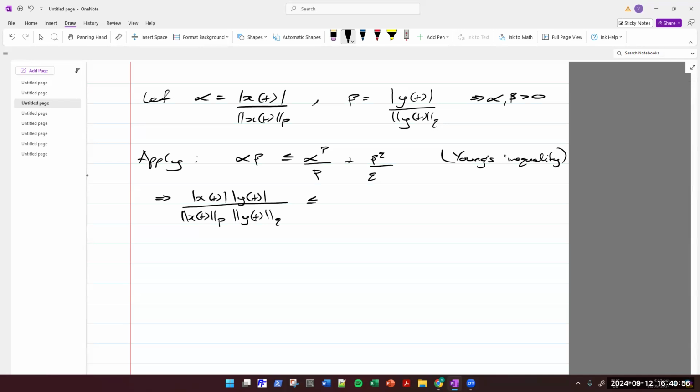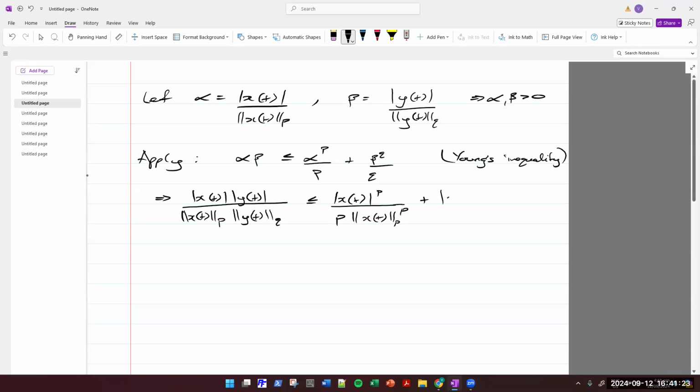So on this side, I'm raising alpha to the power of p. So that would be modulus here to the power of p all over p. So p is just some number. Norm. So this is the p norm, but I'm raising it to the power of p.